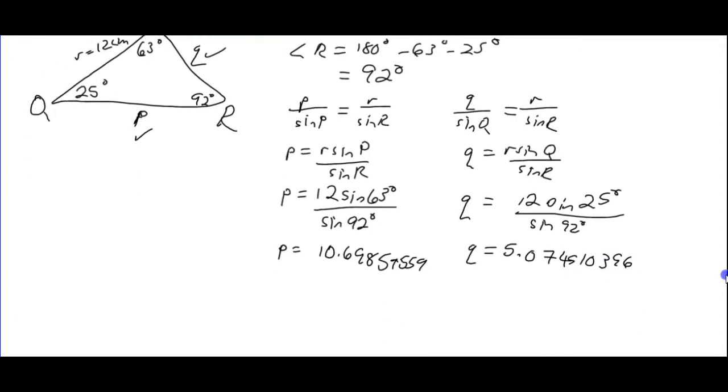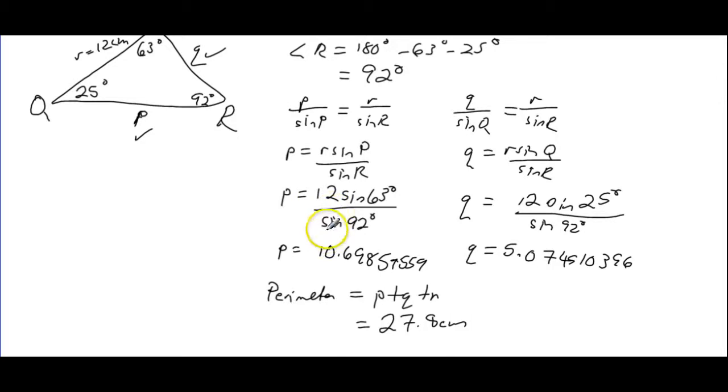Because remember, we don't round until the end, and now it is the end and we can round, so the perimeter is equal to p plus q plus r, remember that's 12, and rounded to the nearest tenth we get 27.8 centimeters, right? And there are units on here because we know that r is 12 centimeters.